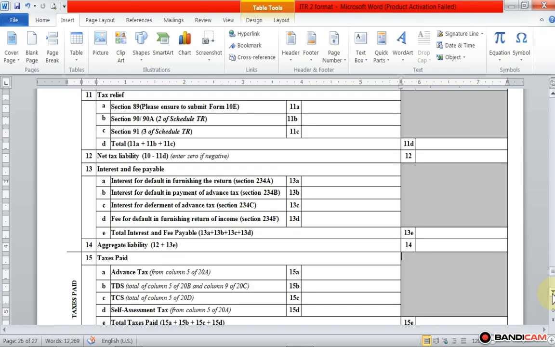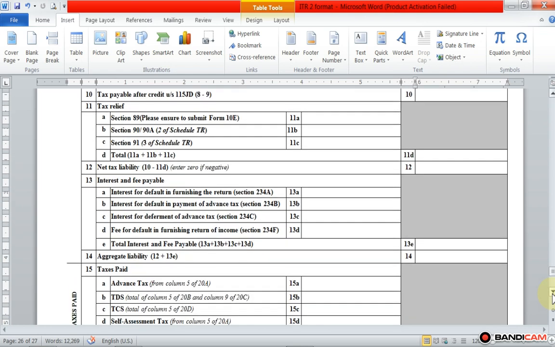Then tax relief under section 89. Ensure that the assessee submits form number 10E. The assessee will get tax relief under section 89, but has to submit or claim form 10E, then he will get the tax relief under section 89.